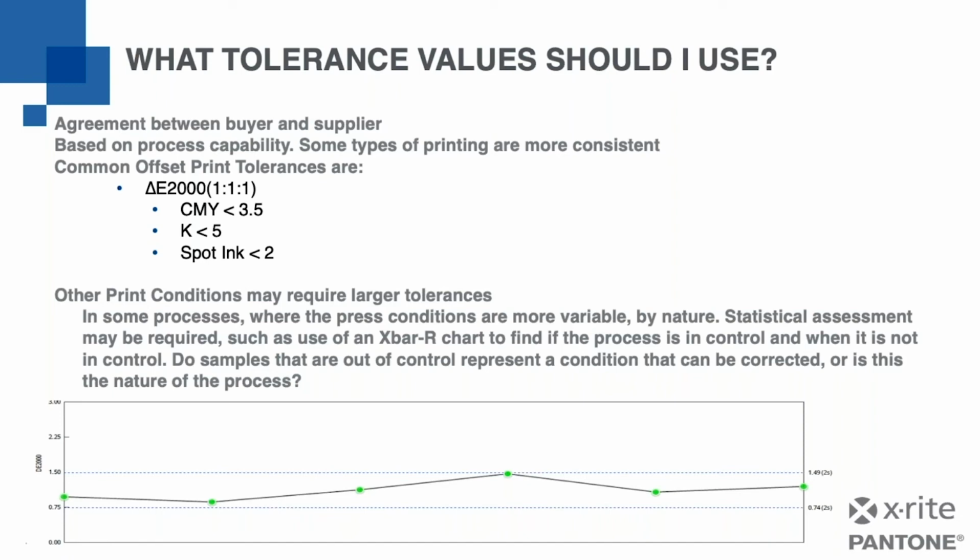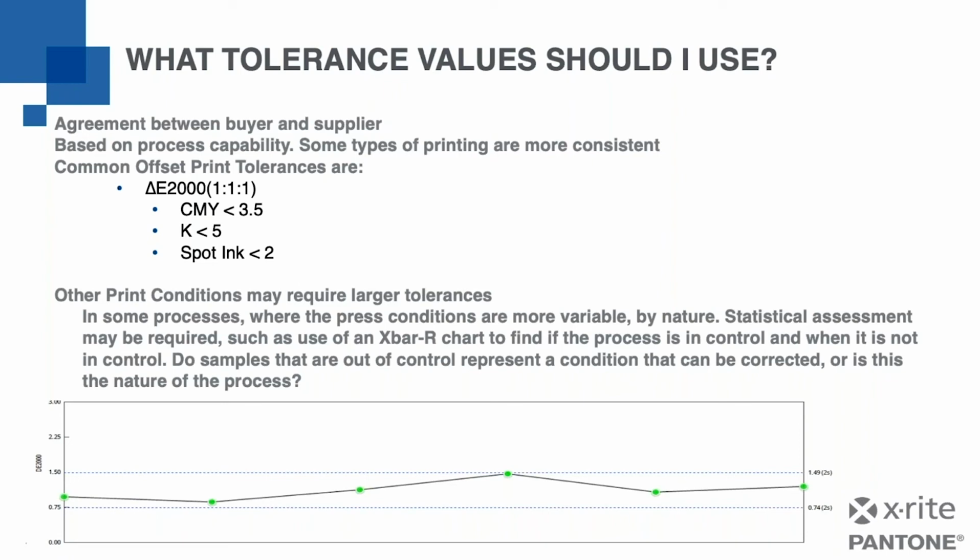But you're trying to find out what kind of control you can hold on that press, and you look at the data that's measured, and then you evaluate it and look at whether there are things that are out of control at certain points in this graph. You go back and look at how that production was done, and you check the variables and try to figure out the root causes. And is it something you can control, in which case we don't change the tolerance?